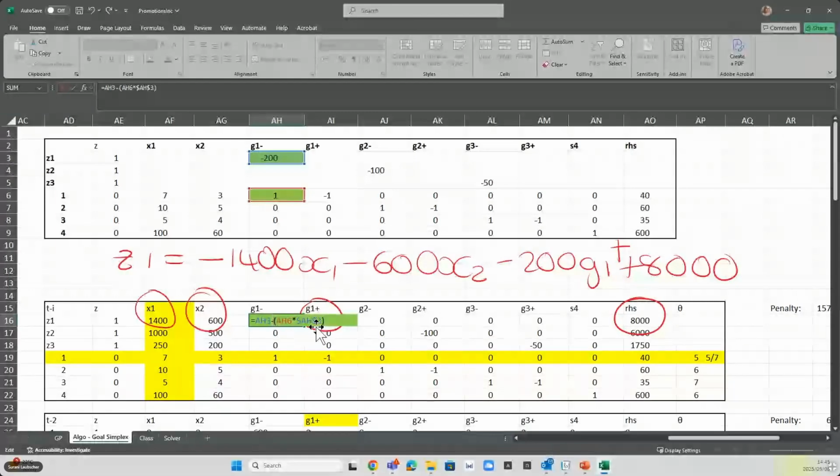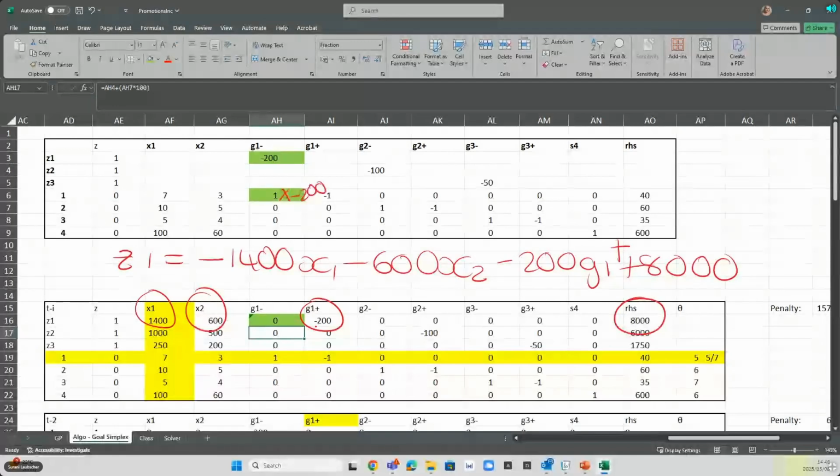You have to subtract this one, because then it will cancel. So just to make it very clear, what did I do? I times this by minus 200 by selecting that cell, right? Now it's minus 200, minus 200. Should I add or subtract? If I add, it's going to be minus 400. Do you get that? I have to subtract that. That's what we're doing with that formula. That's all we're doing.